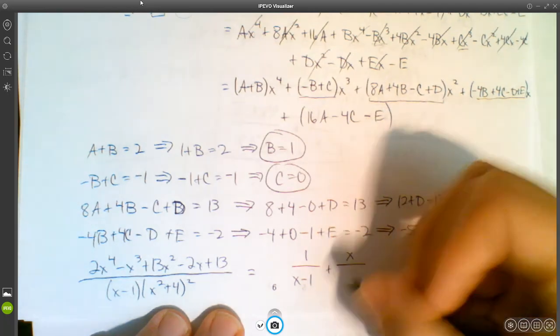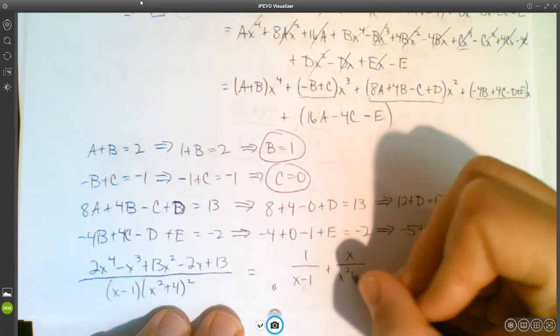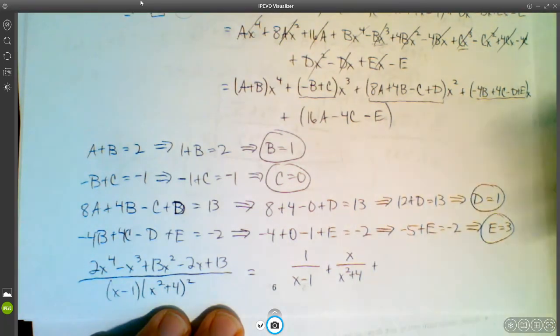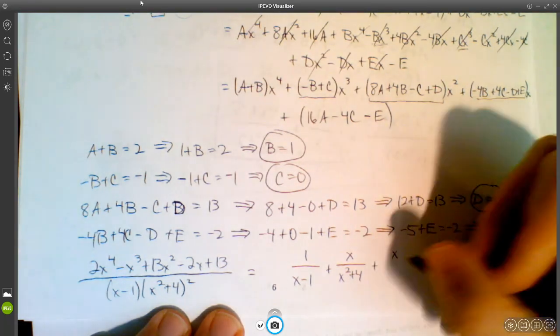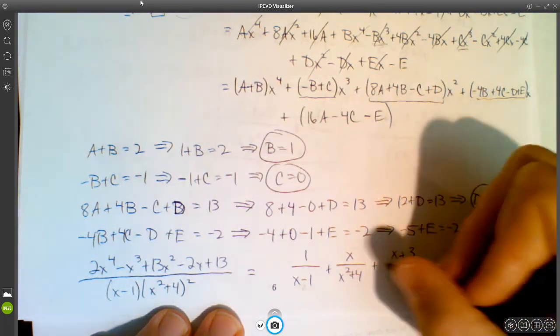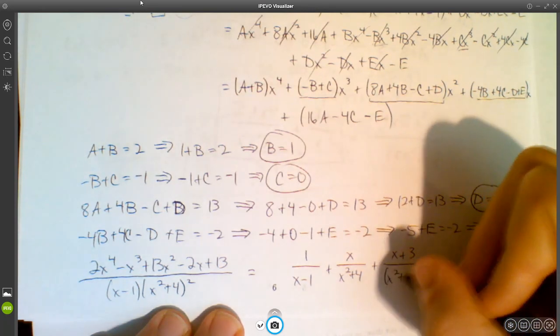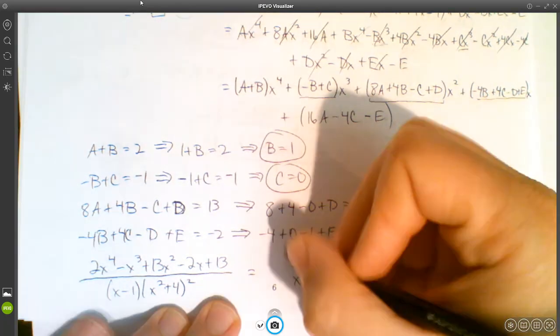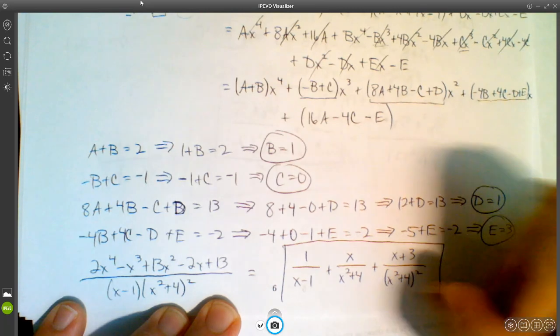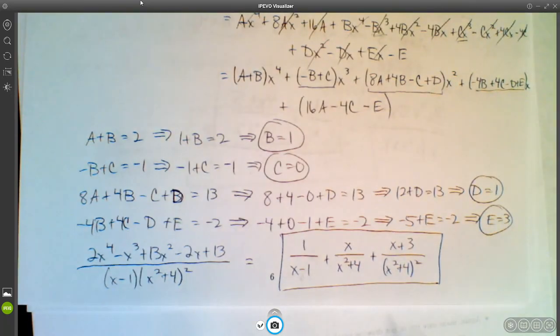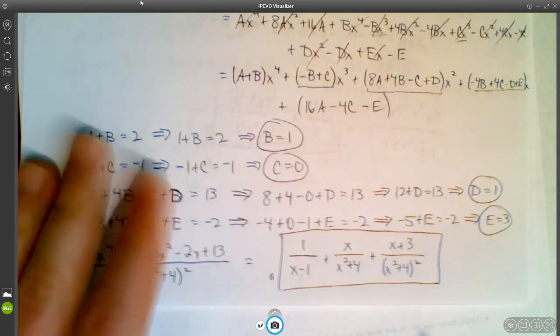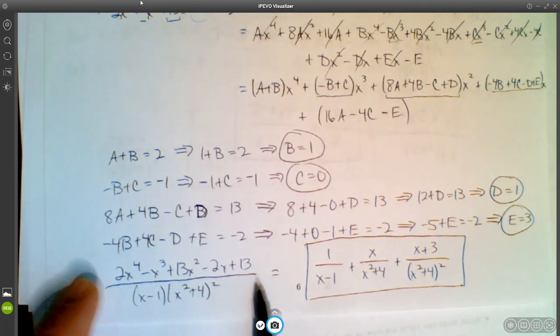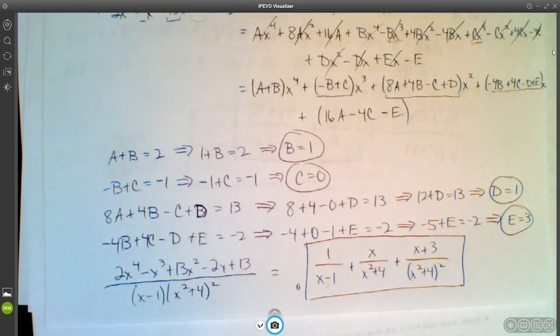So bx plus c over x squared plus 4 plus dx plus e over x squared plus 4 squared. And there's my partial fraction decomposition. Again, you're welcome to do this addition to make sure that you end up back here, which you should if you do all the addition correctly.